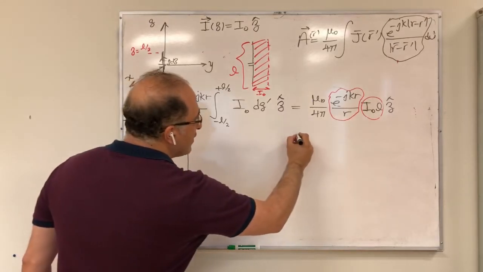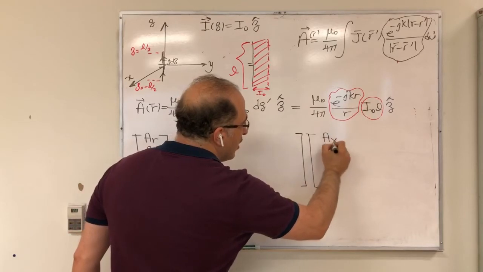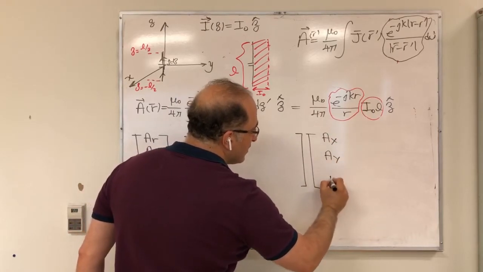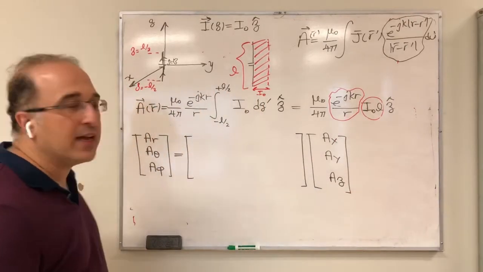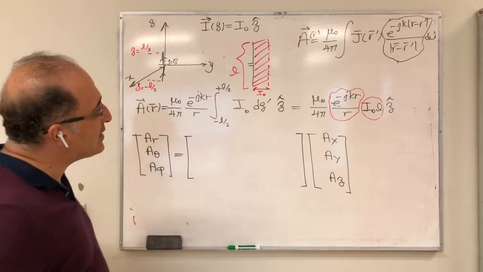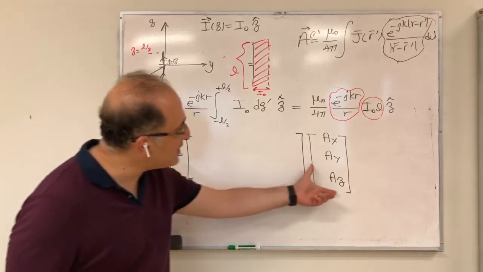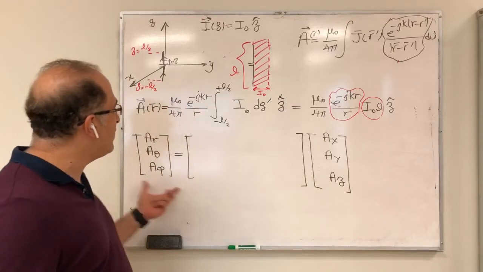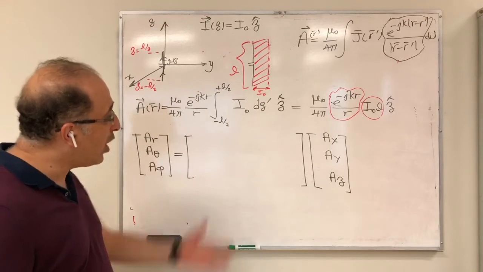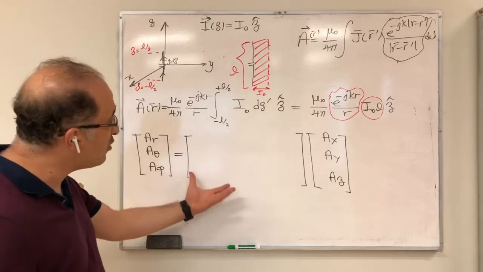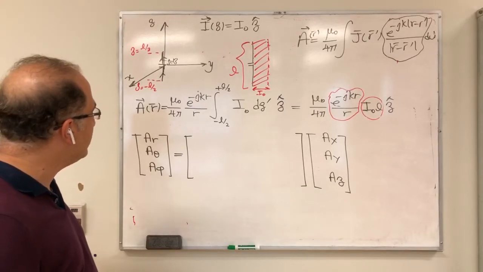What I know here are the three components of the Cartesian coordinate: A_x, A_y, A_z. So now I need a matrix that takes the Cartesian coordinate and converts it to a spherical coordinate. That's the matrix that you are familiar with from your previous courses. I'm going to write it for you, and then we're going to be using this matrix in this course.